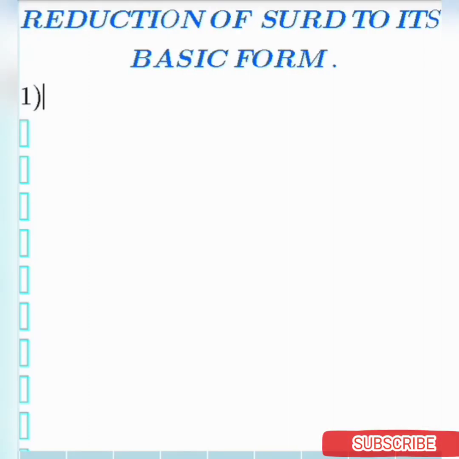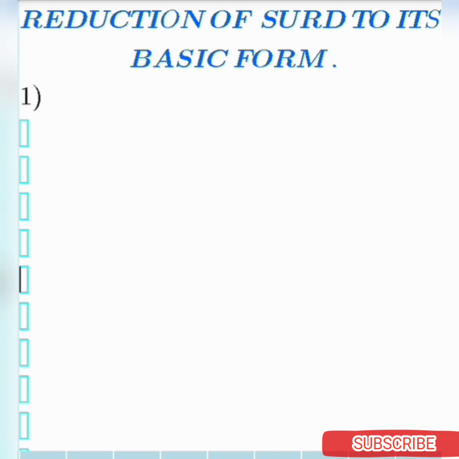In my last tutorial, I was teaching on a topic called surds, and I focused on the rules and the guidelines that will help us tackle the question of surds.